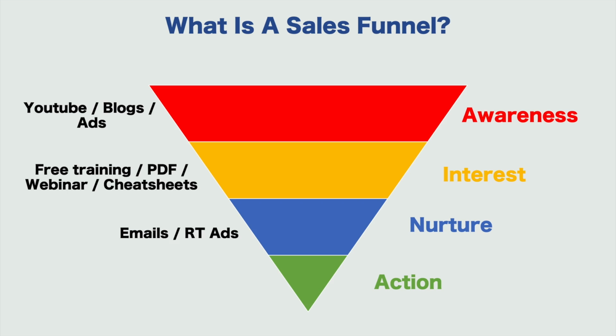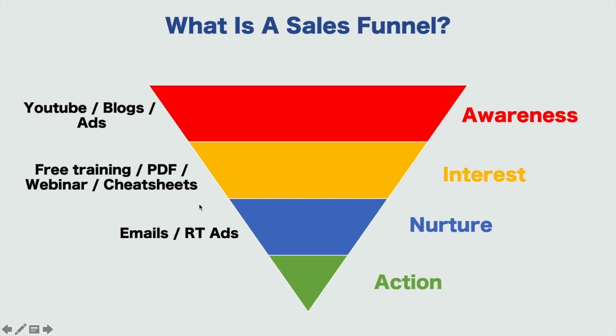By sending emails, retargeting ads, email follow-ups, always providing content related to the service or the product you are promoting. It's important to understand that not all people will buy at this stage. You need to keep building a relationship with them. Remember, people buy from a person that they like, know, and trust.